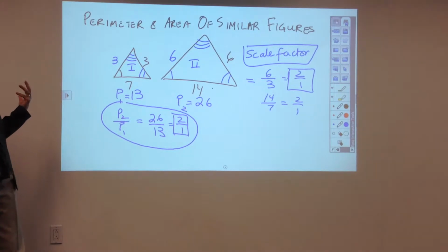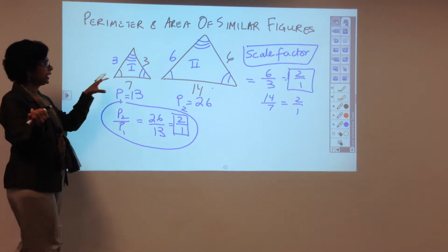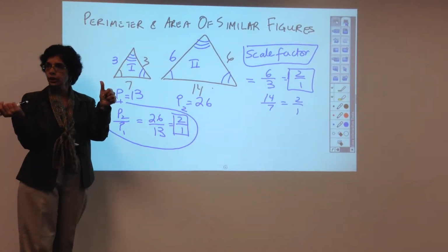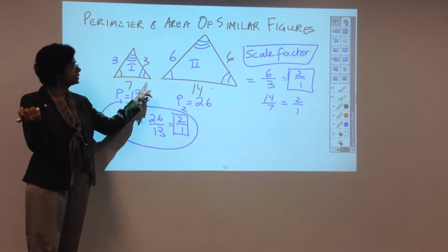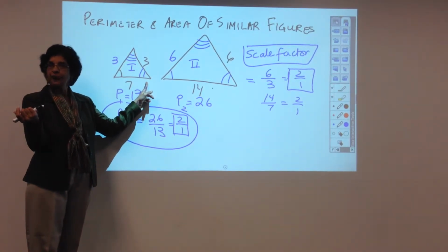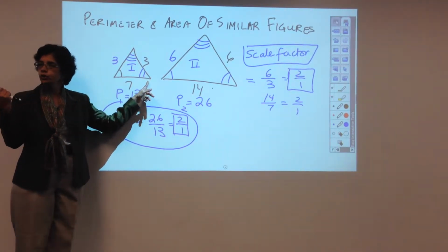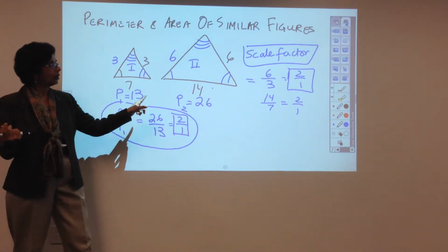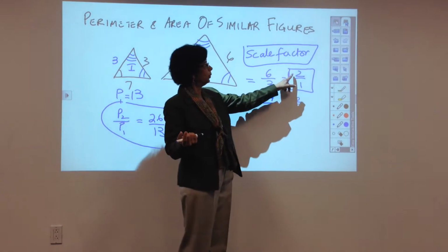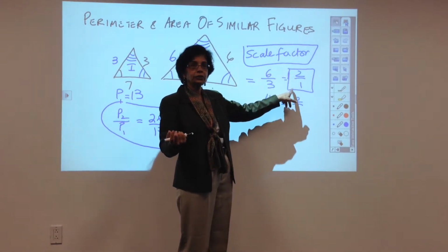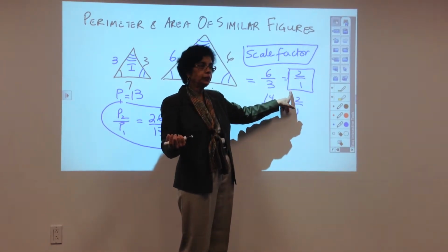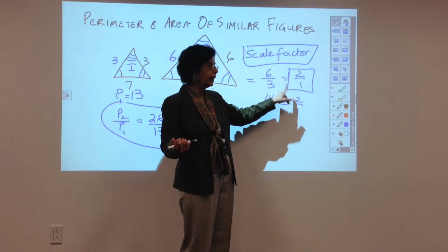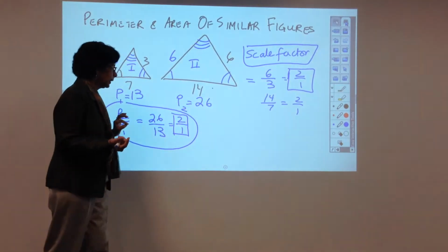So two figures are similar if their corresponding angles are congruent and corresponding sides are in the same ratio. If that's the case, then their perimeters are in the same ratio as the scale factor. We good with that? Okay.